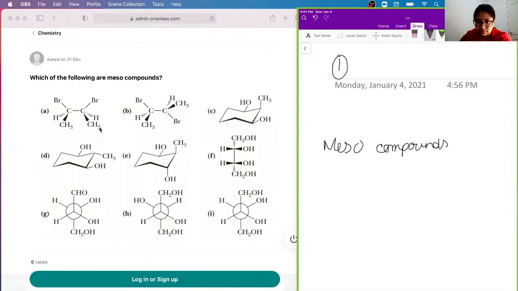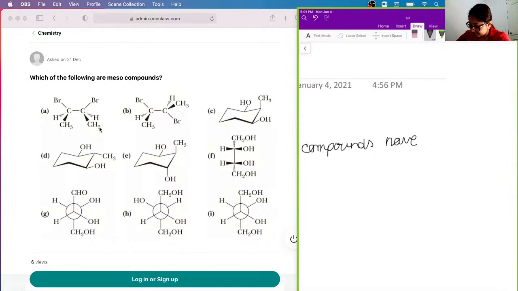Meso compounds have a plane of symmetry.